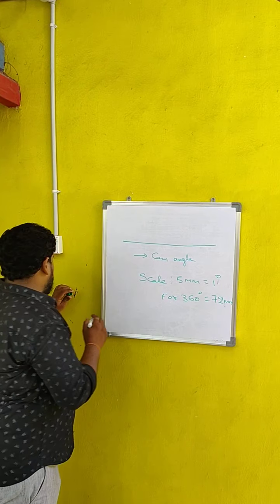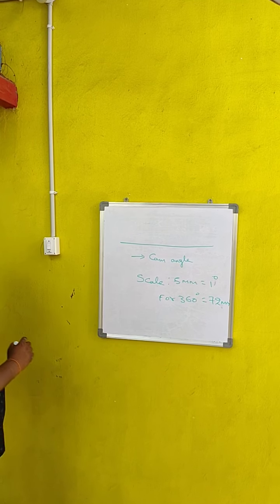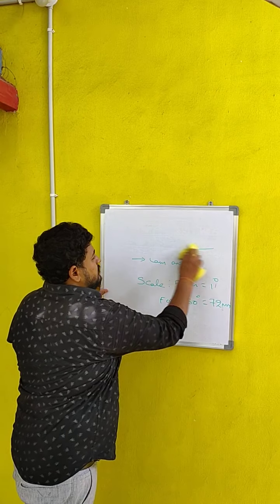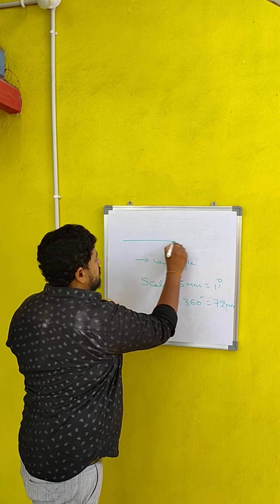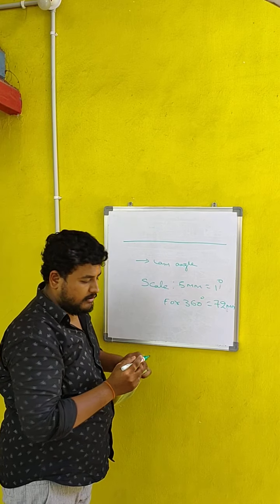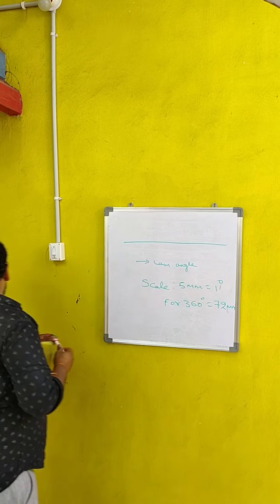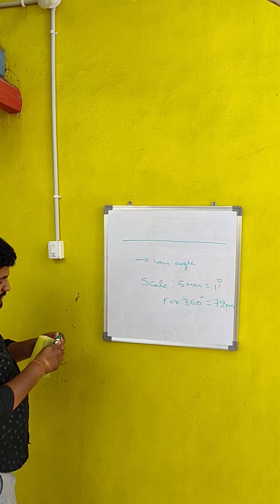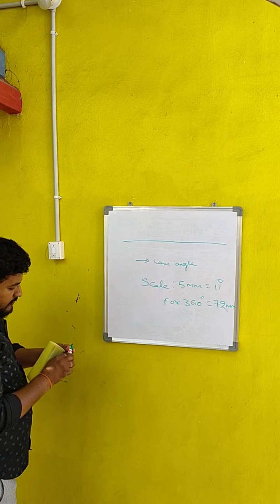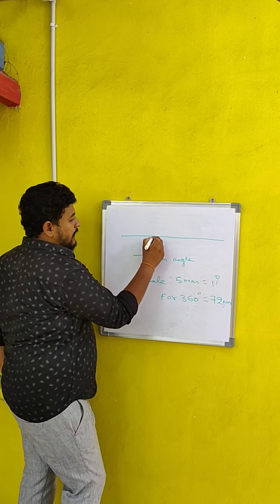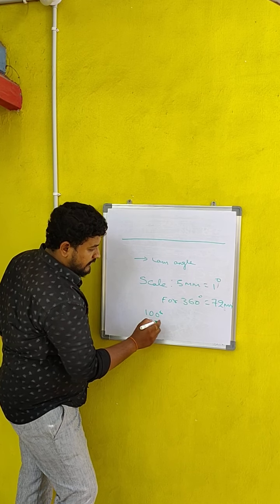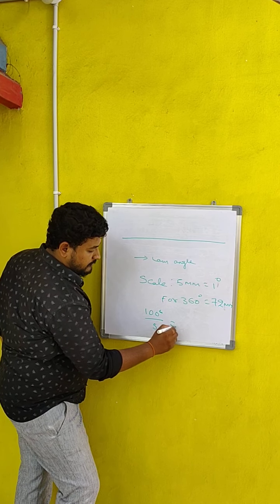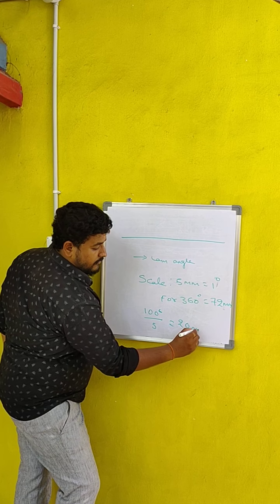In that, the 360 degrees is categorized into 4 major categories. One is outstroke, which is called the rise period. Outstroke is given as 100 degrees. Now 5 mm equals 1 degree, and 100 divided by 5 gives us 20 mm.